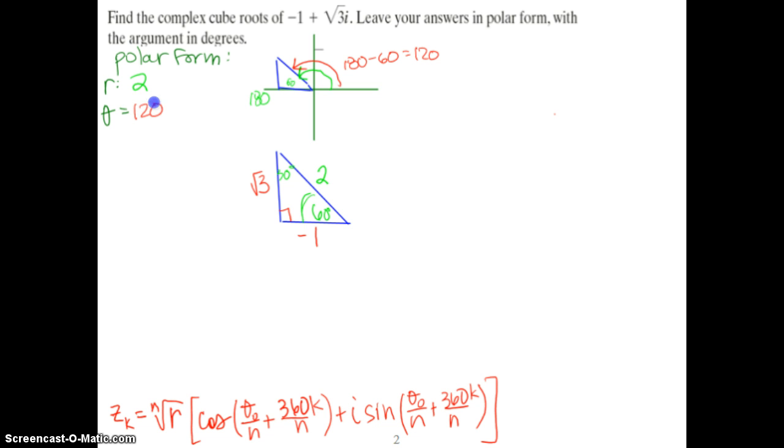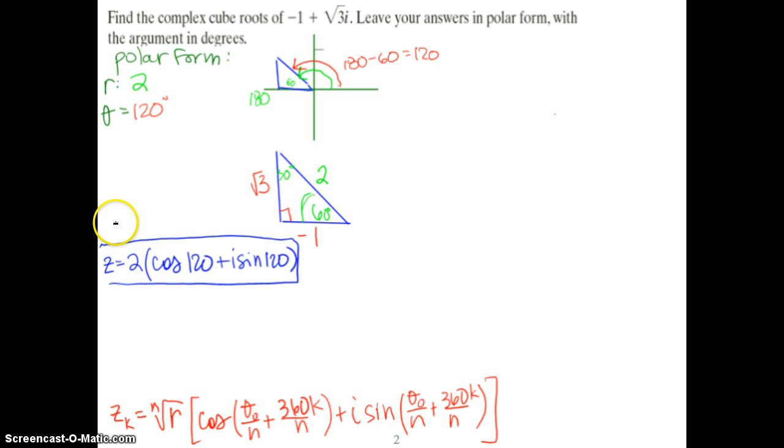So our theta is going to be 120 degrees. So now that we know r and theta, we can give the polar form of our equation, which is going to be z equals 2 cosine 120 plus i sine 120. So this is the polar form of our complex number.